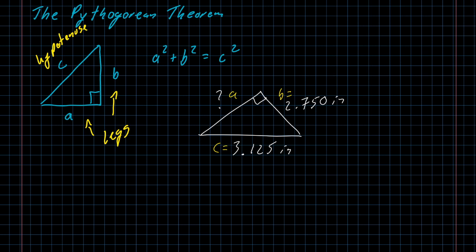Now it's just a matter of plugging in. I don't know what A is. I do know that B is 2.750 inches, and I do know that C is 3.125 inches.